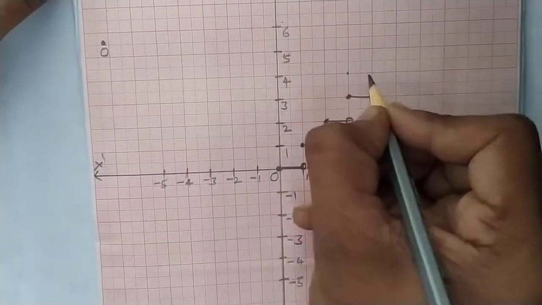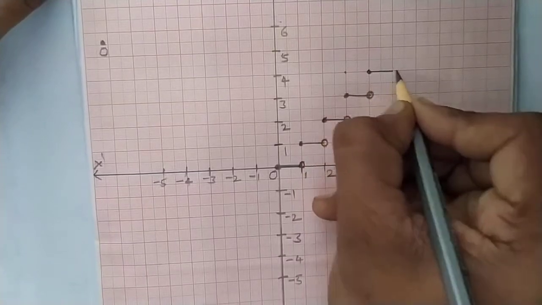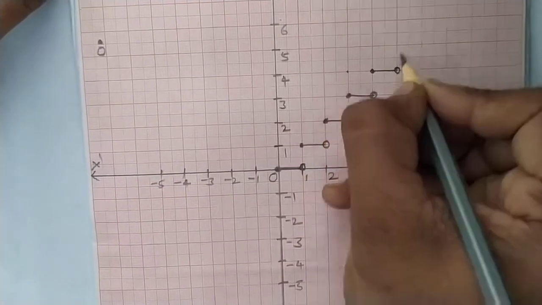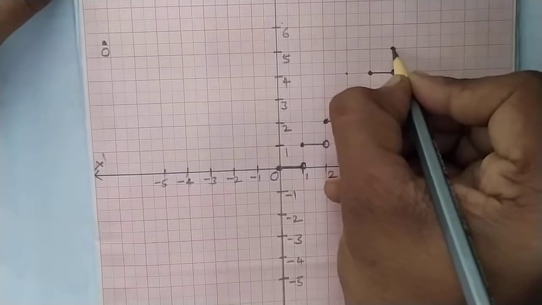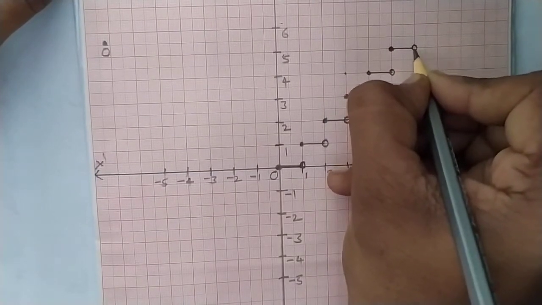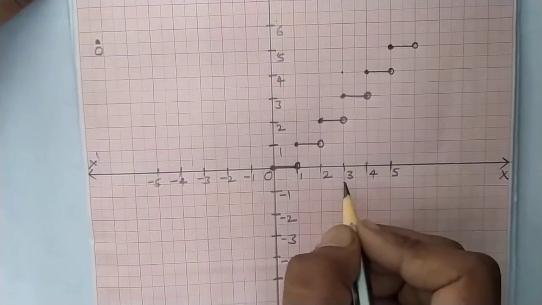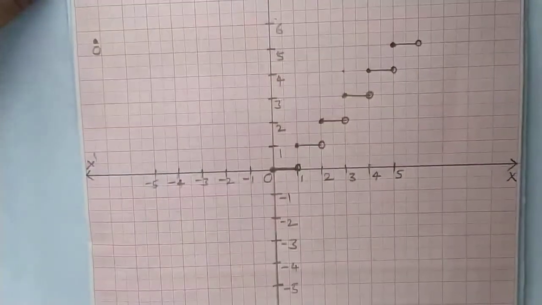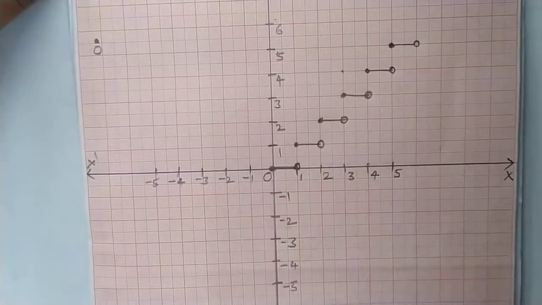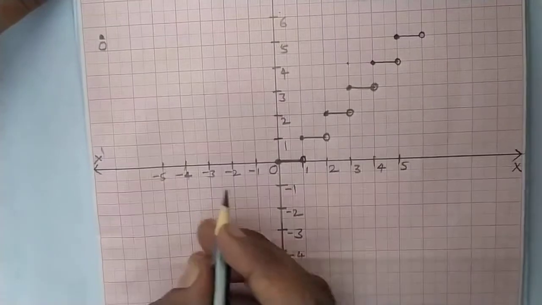Next, it is included and it is excluded. It is included and it is excluded. Make sure you draw these symbols properly, otherwise you are going to lose your marks in your examination.